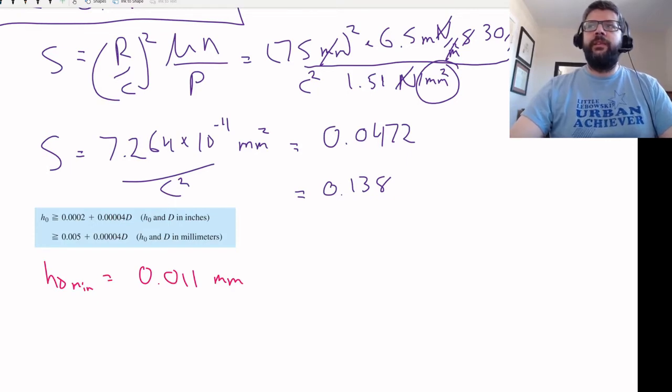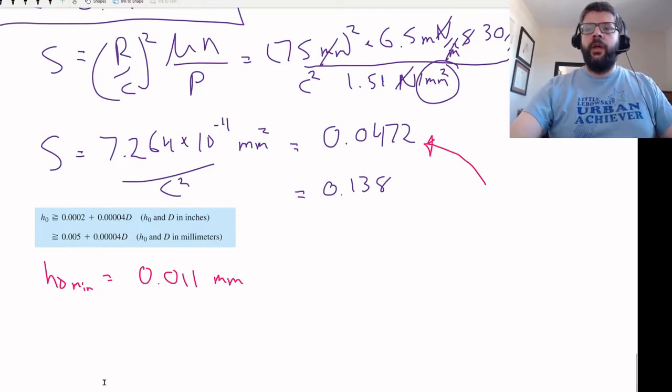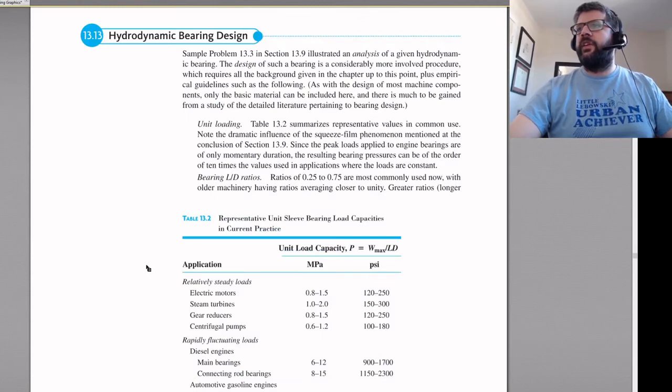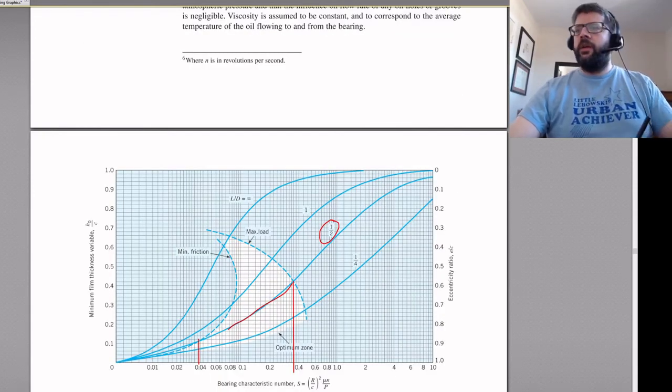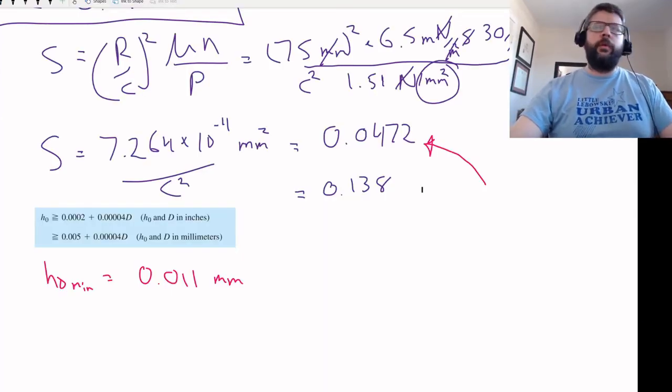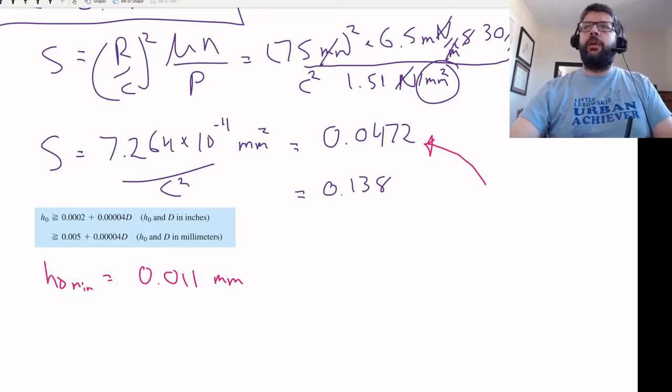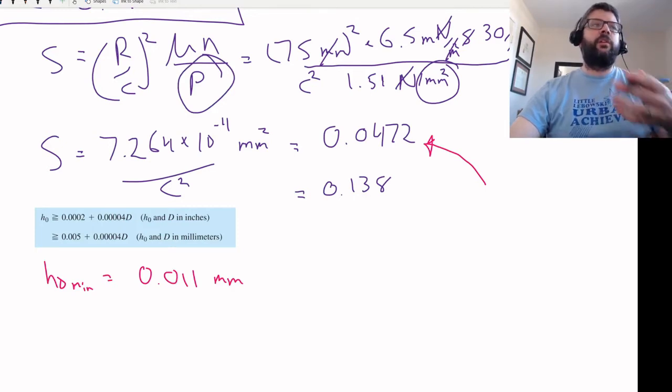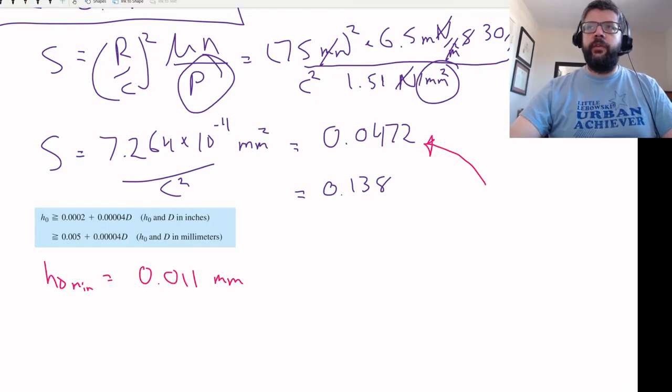So in this instance, this is the condition where we're going to get the lowest H naught, because again, you'll recall that when we look at our charts, H naught is going to be increasing with our S. So if we take the lower S and then decrease it further by multiplying the load by 2, because keep in mind that the P is on the bottom here, then we're going to decrease the bearing characteristic number by 2.